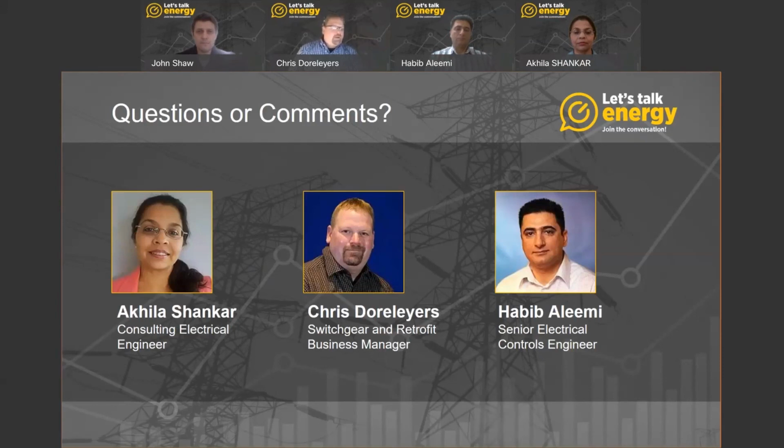Akhila, did you want to add anything with regards to spec sizer or any of that? Yes, when you have an energy storage system as part of a microgrid application, when you're sizing the genset, you also need to take into account the charging current that would be required by the battery storage system as well.